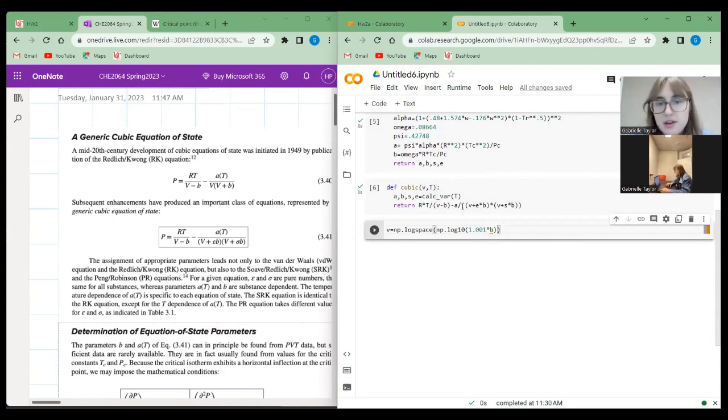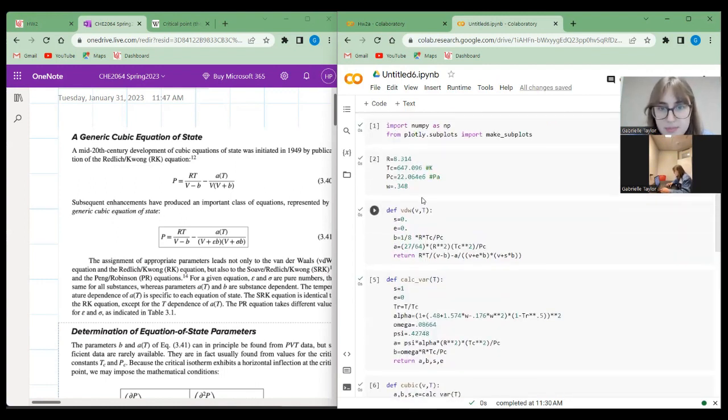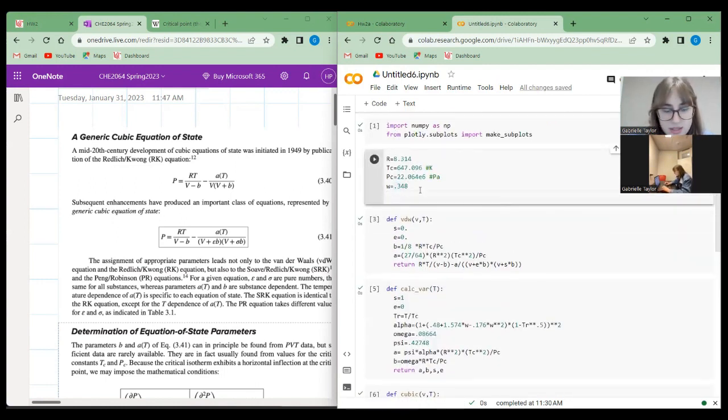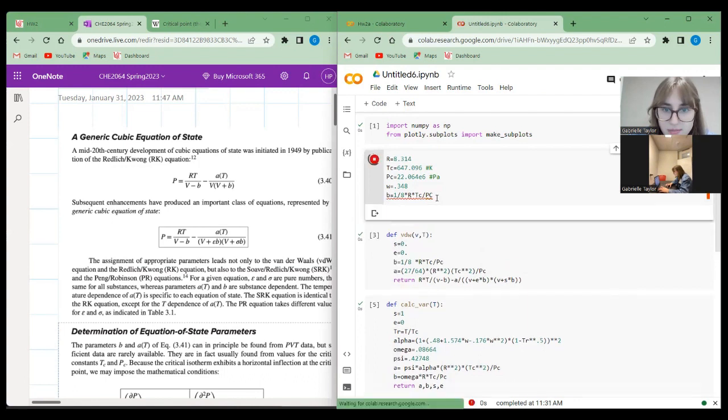And since we have b in here, we have to go back up here and put a b in here. This is going to be b for our van der Waals equation: V times R times TC divided by PC.